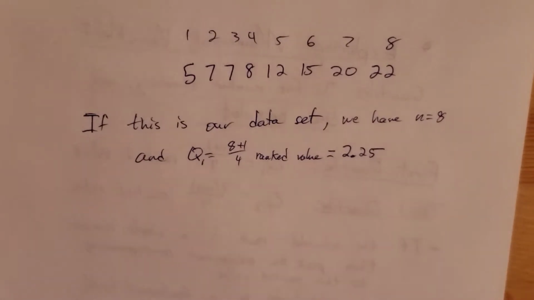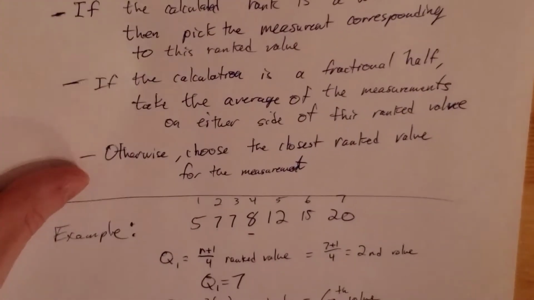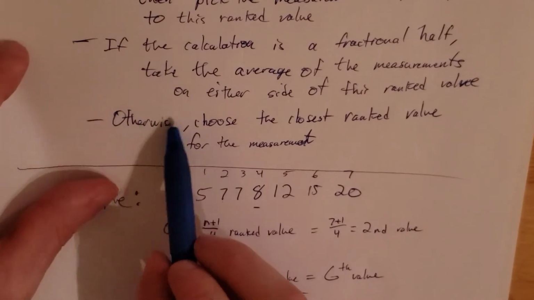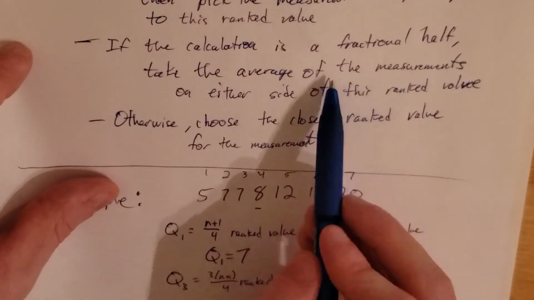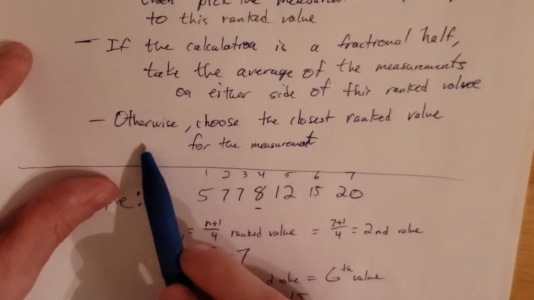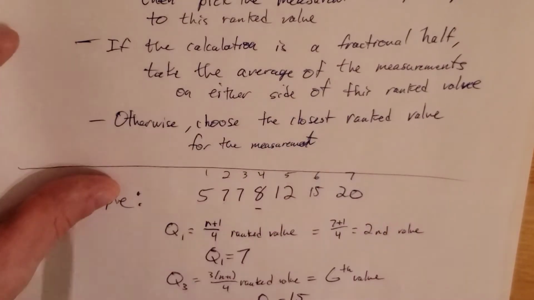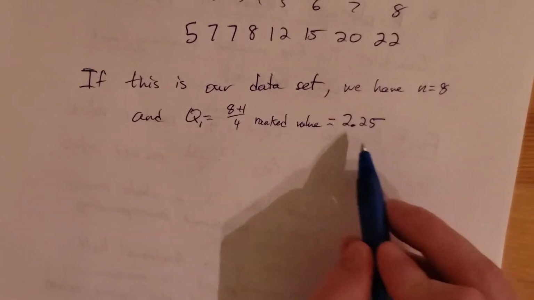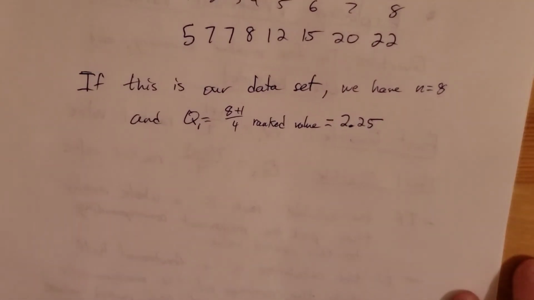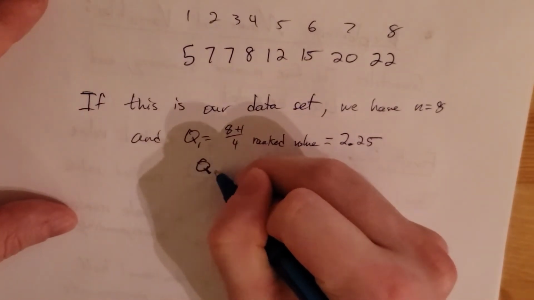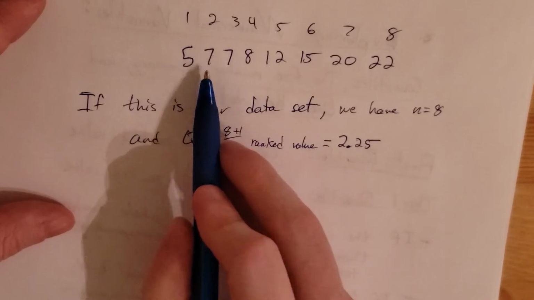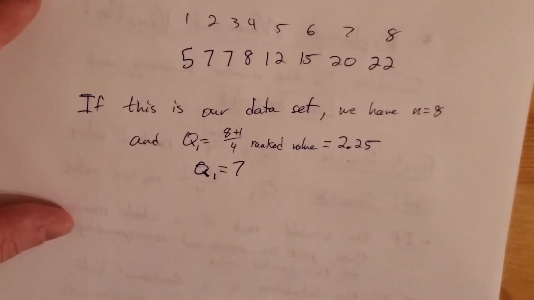So if we look back at what we said, if we get a fractional choice here, and it was a half, then we take the average of the measurements around that number. But otherwise, we just choose the closest ranked value. So with 2.25, we choose the second value. So Q1 is equal to 7, because we choose the closest one here.